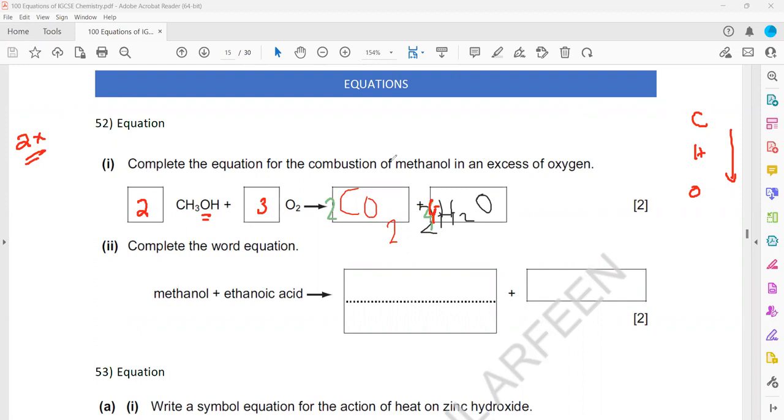If for oxygen we need a fraction to balance, then we multiply all of them by 2 to make a full equation. Is it clear? For this combustion equation, whenever a fraction is used to balance, it is always multiplied by 2.